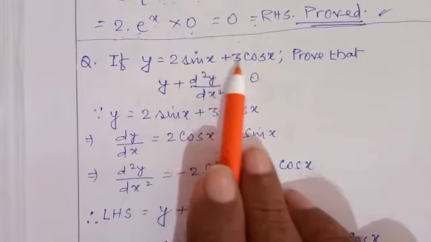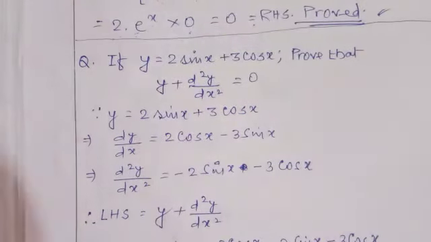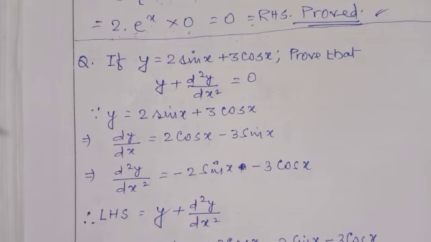See one more question. If y is equal to 2 sin x plus 3 cos x, then prove that y plus d2y by dx square is equal to 0.